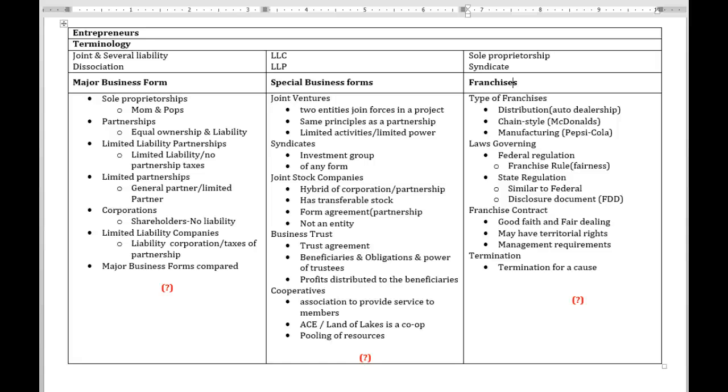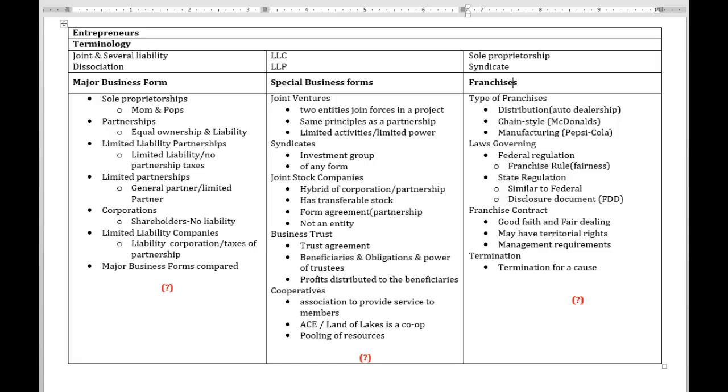There's also state regulations that are very similar to federal, and they have a disclosure document that says you must disclose everything about the franchise to the person thinking about buying it. They're really very strict about this. So you don't just walk out and say, oh, I want that franchise. There are many steps that you have to follow through. And some of it is due to federal and state regulation for protecting whoever wants to buy a franchise.